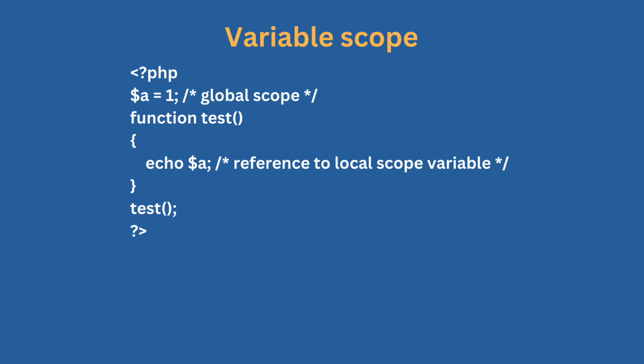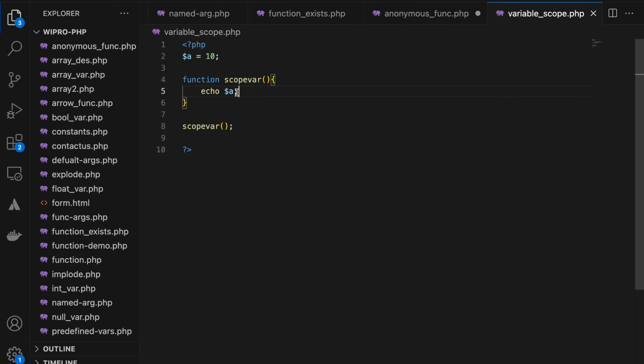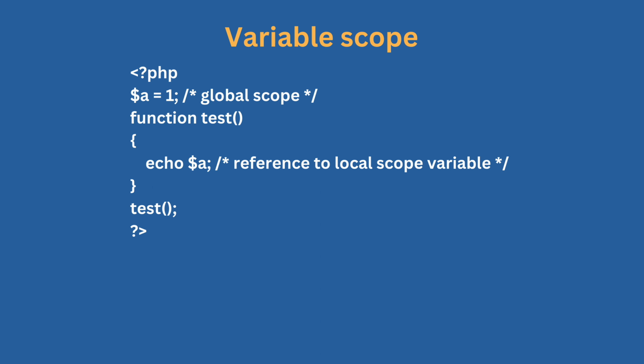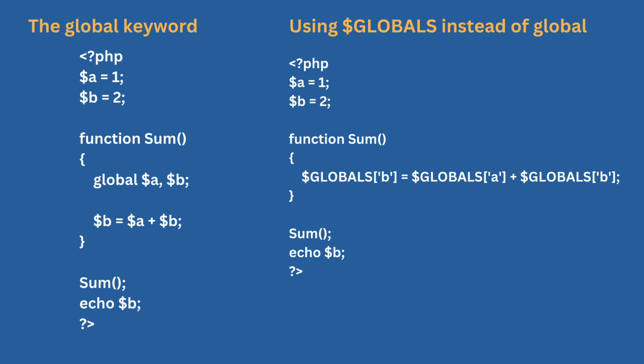Sir, we should use the global keyword. Yeah, within that function, if you use global, then that is the global, right? So the scope of this is local. So this is not able to access this one. Now see something here.